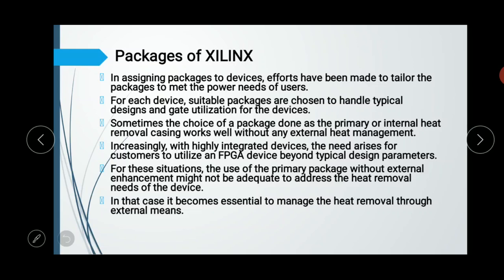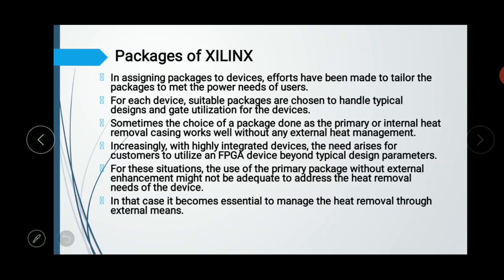With chip sizes getting smaller and circuit densities at their highest levels, the amount of heat generated on these fast switching CMOS circuits can be very significant. Okay, this is all about packages of Xilinx.